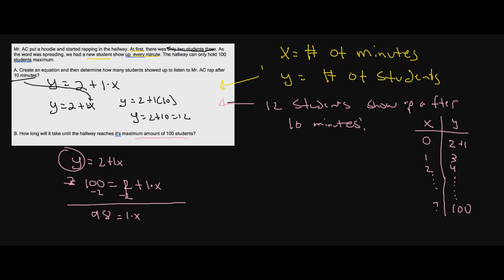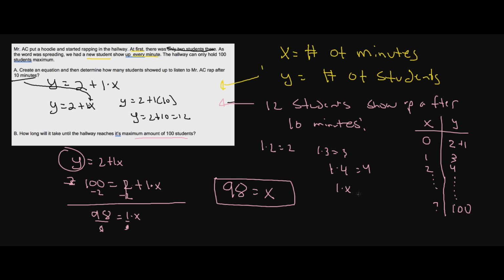Well, we don't have to divide 1 to both sides because 98 divided by 1 is just 98, right? So when you see the 1x, there's no need to divide it out. We just get 98 is equal to x. Okay, why does that make sense? Well, what's 1 times 2? It's 2. What's 1 times 3? 3. What's 1 times 4? 4.